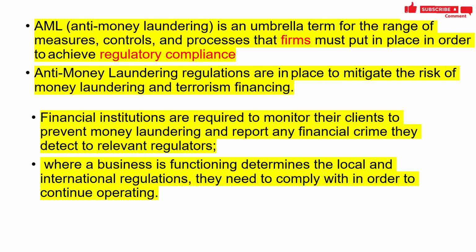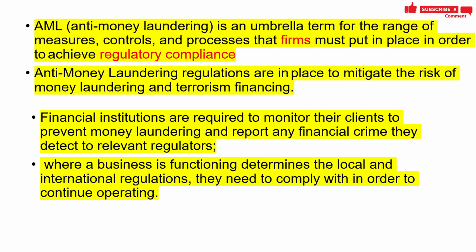So financial institutions under the AML ambit need to monitor their clients to prevent money laundering. You cannot stop money laundering, but we have a certain set of regulations to avoid it. So the term prevent is used, and if we detect any money laundering, we need to report it.